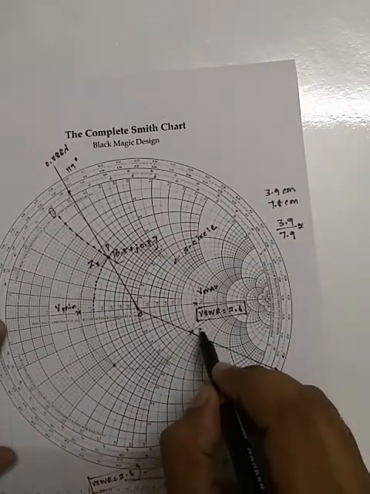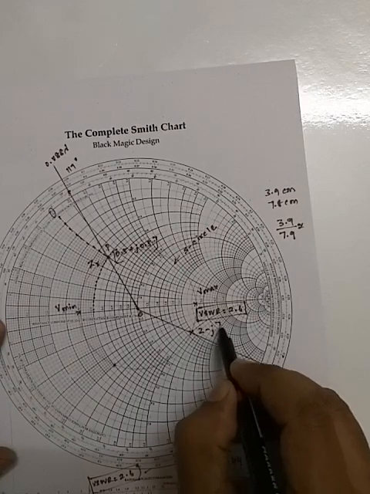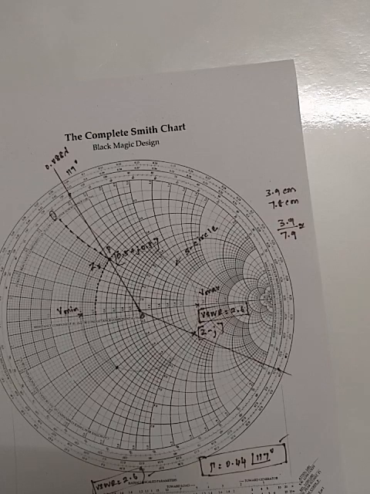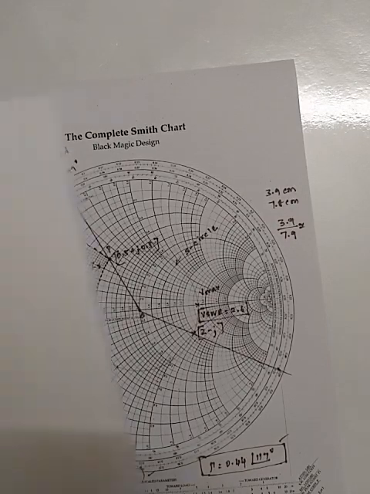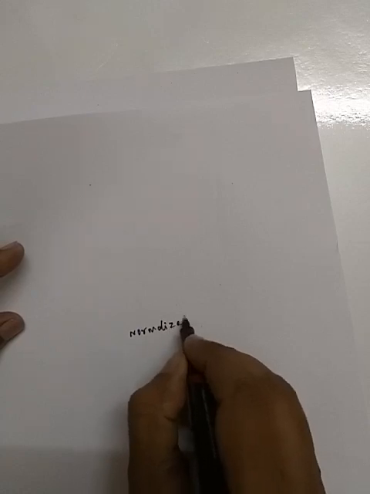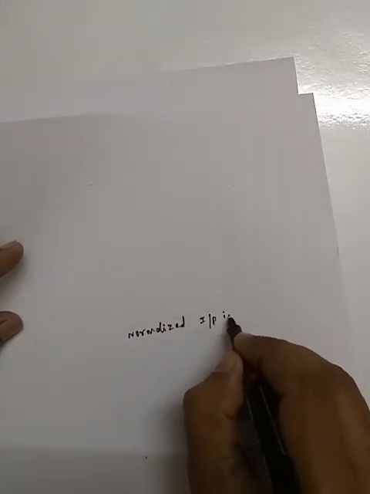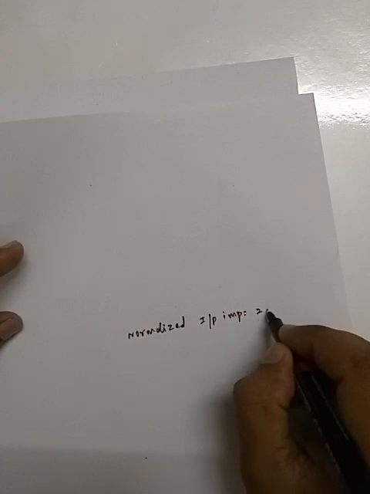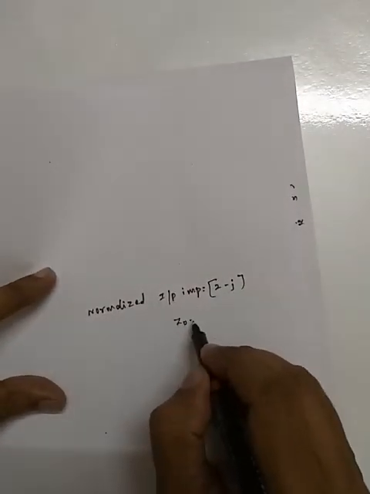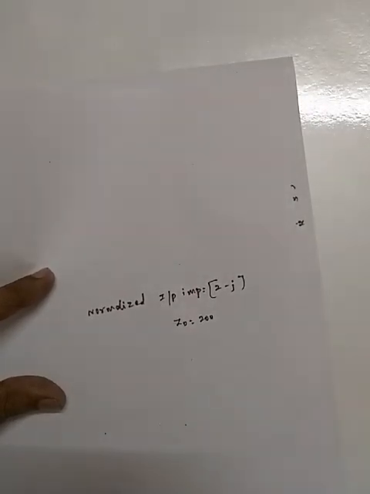That is exactly 2 minus j. Okay, so the normalized input impedance is 2 minus j. So how will you find the actual input impedance? We know the characteristic impedance is equal to 200, as per the question.